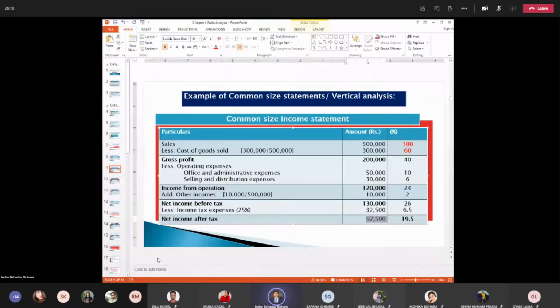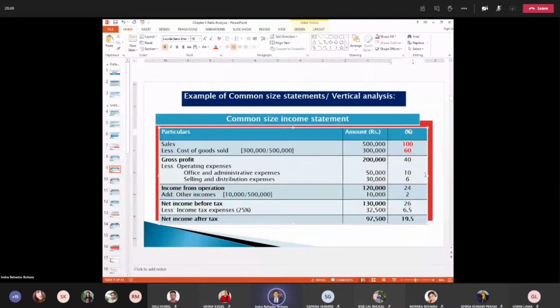In this way, we calculate the percentage of each and every component of a year. Similarly, for the second year, third year, or past periods, the percentage of each component of the income statement is calculated, assuming sales 100 for past periods. Then the increase or decrease in profitability or office expense can be analyzed with the help of the common size statement.